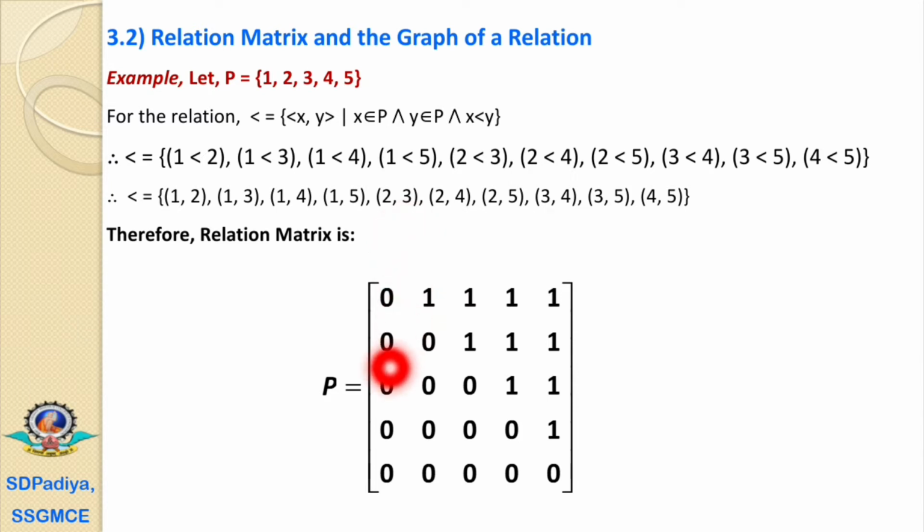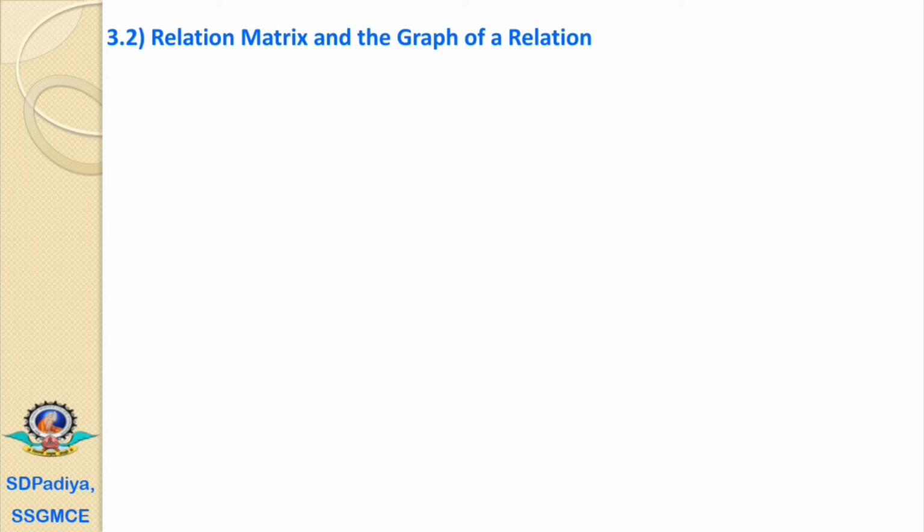That's why at (2,1) and (2,2) we have entered 0. And (2,3), (2,4), (2,5), that is positions (2,3), (2,4), and (2,5), we have entered 1. Same for (3,4) and (3,5): these are 1 and the remaining are 0. And for the last, (4,5), this position (4,5), we have entered 1, remaining is 0. That is the matrix representation.